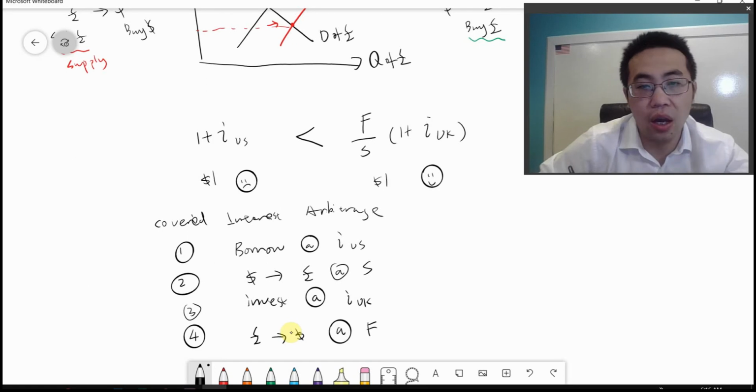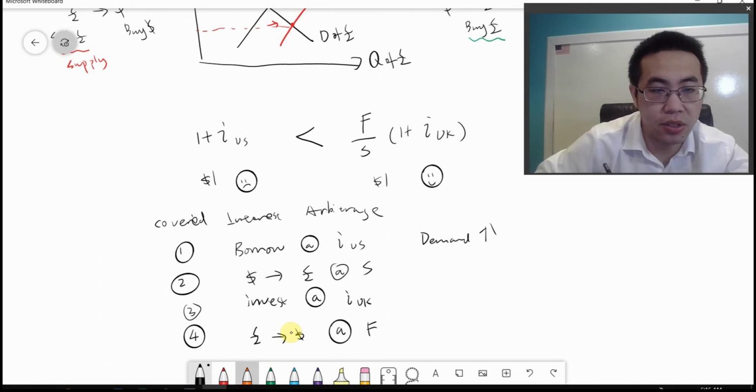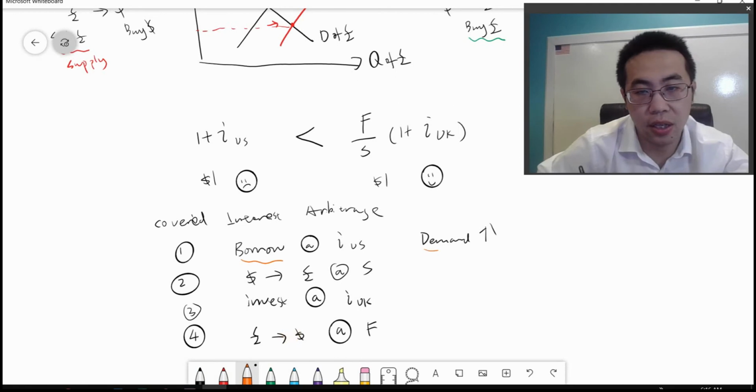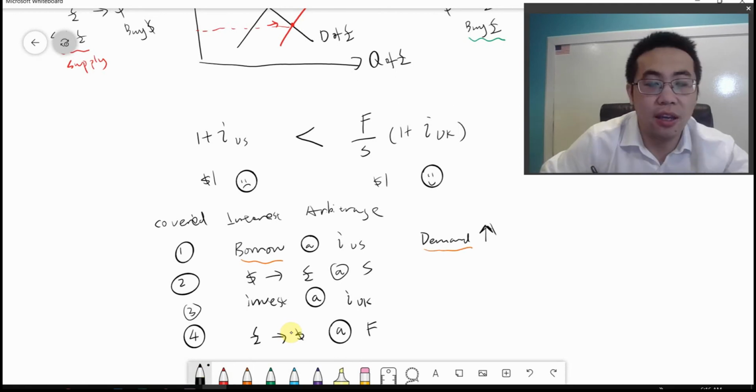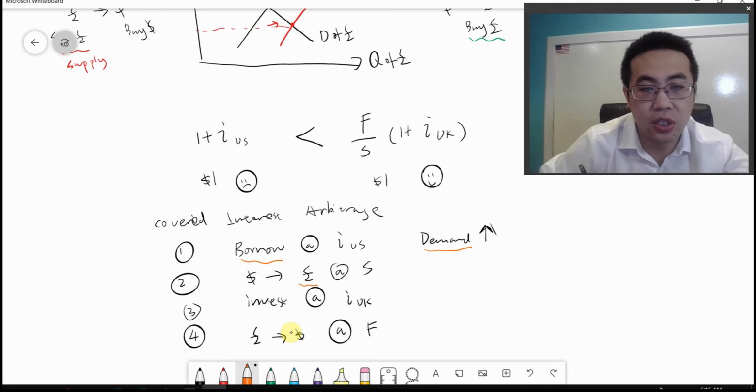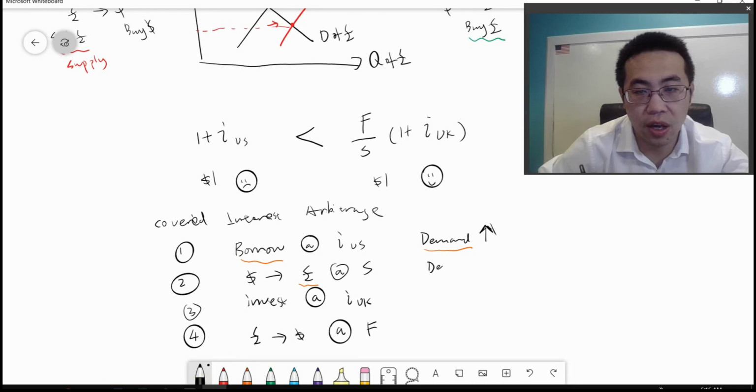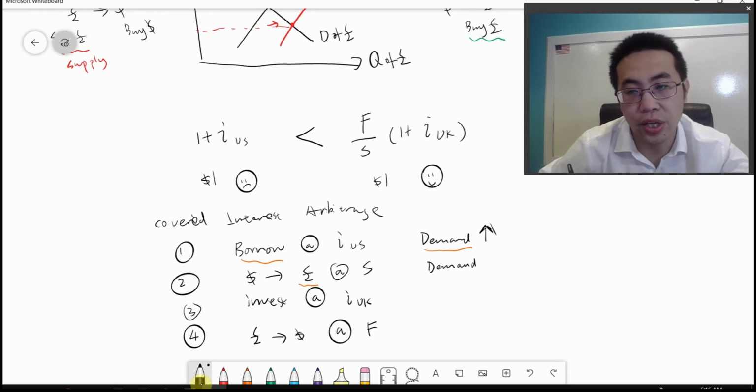And in this case, what would happen to the US interest? If you keep borrowing, that means the demand is going up. Okay, demand is going up. Okay? And if you are converting dollar to pounds, that also means the demand of a pound is going up due to the arbitrage trading.